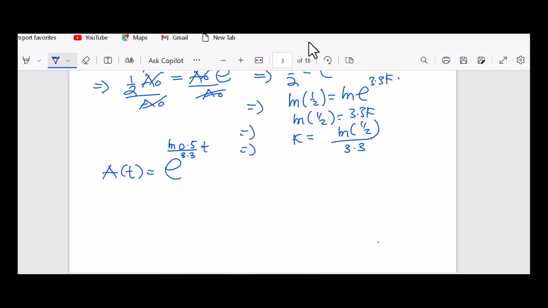So we then have to look for the time needed for the substance to remain with 10%, because they said 90% decays. This implies 10% remains, and this model is giving us the remains.